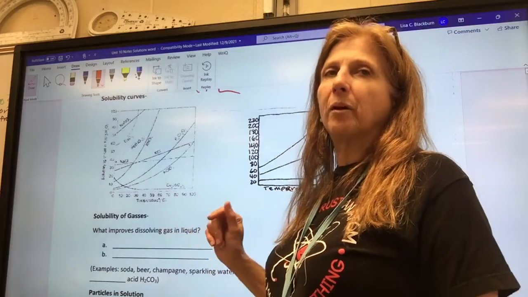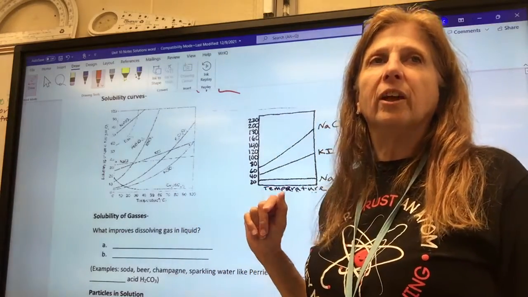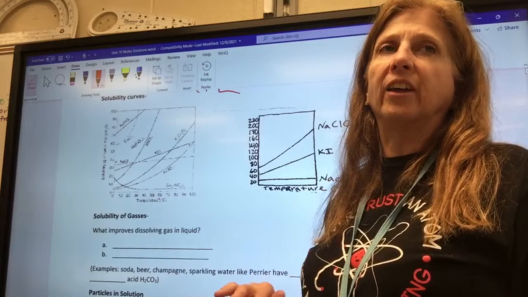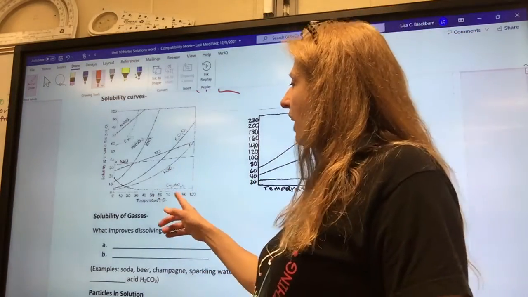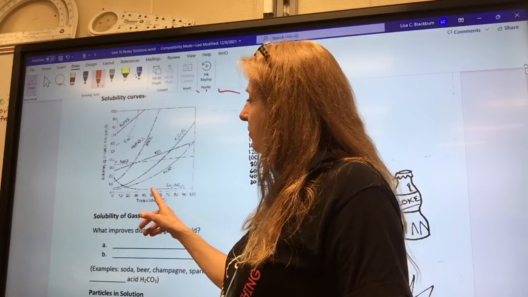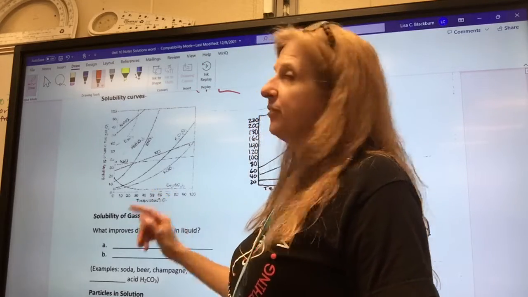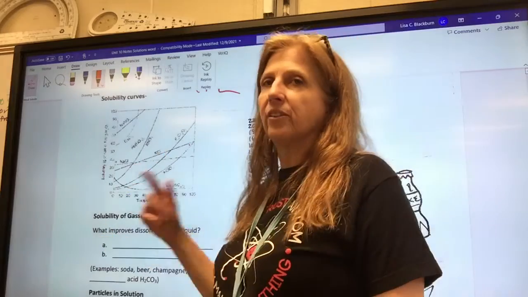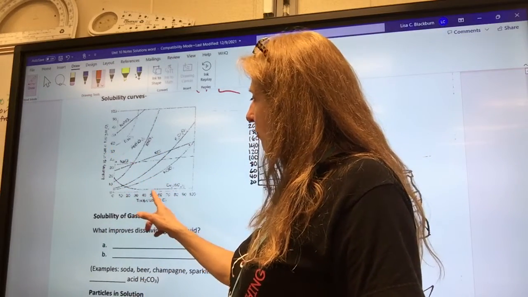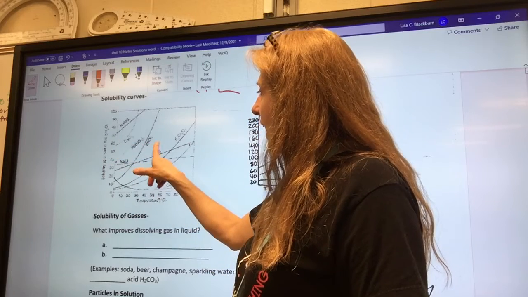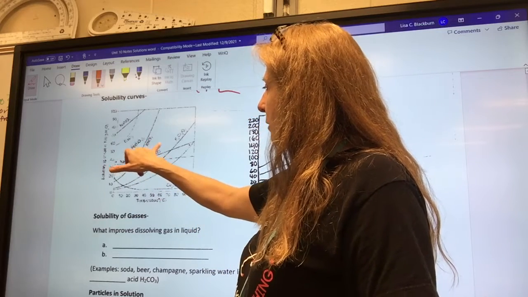Now, one more thing about these charts that you have to be able to do. Saturated, supersaturated, unsaturated. Pay close attention. This is how the test questions work. I can tell you that I have a solution that has 50 grams of potassium chloride dissolved at 50 degrees. So I go up over 50 and up 50, and I see it makes a dot up here.